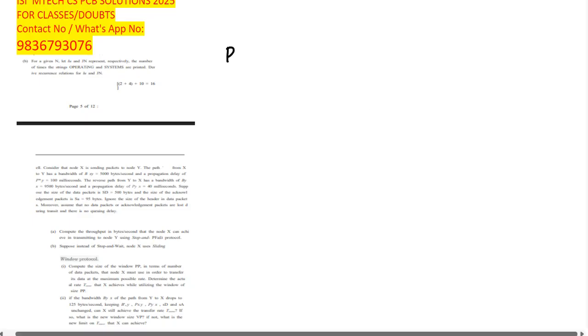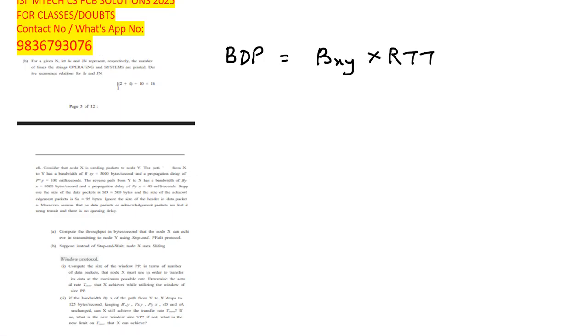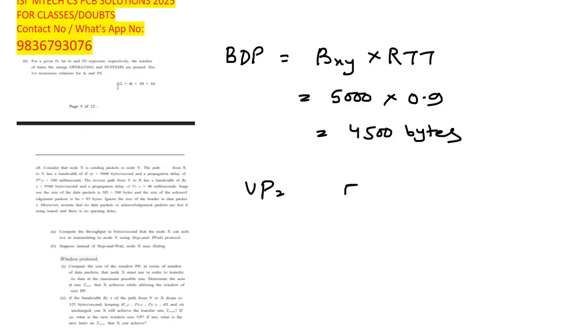Okay, now what will the new BDP be? The new BDP will be BXY multiplied by RTT, that is 5000 multiplied by 0.9, so that is 4500 bytes. Okay, so this is 4500 by 500, so it's 9 packets.